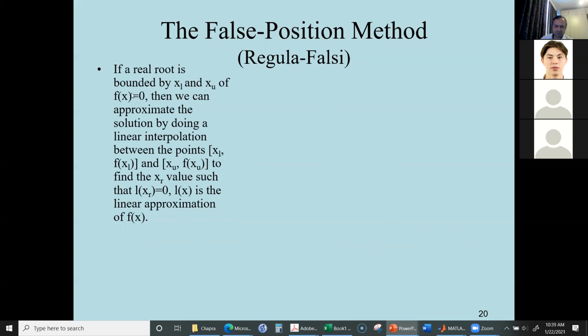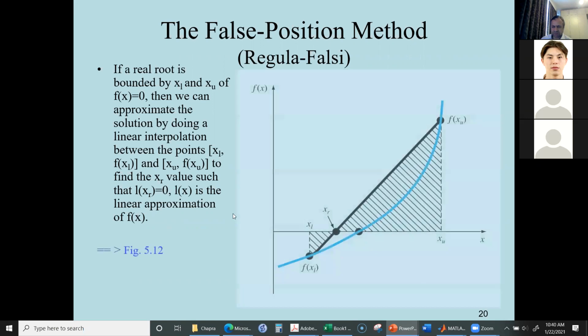So if a real root is bounded by xL and xU, where f of x is equal to 0, then we can approximate the solution by doing a linear interpolation between the points (xL, f of xL) and (xU, f of xU) to find xr. The value is such that L of xr is equal to 0, where L of x is the linear approximation of f of x.